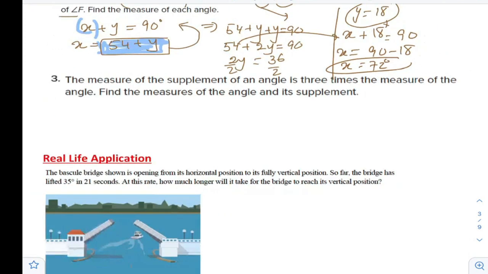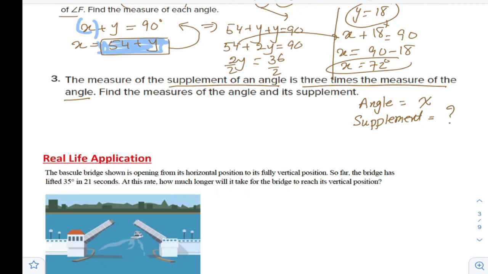Let's see here. The measure of the supplement of the angle is 3 times the measure of the angle. Now, if the angle that we don't know is x, what is the measure of the supplement? Let's try.